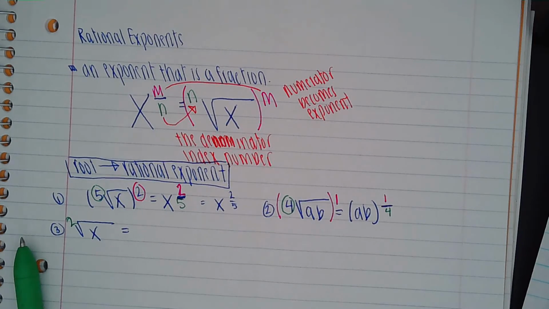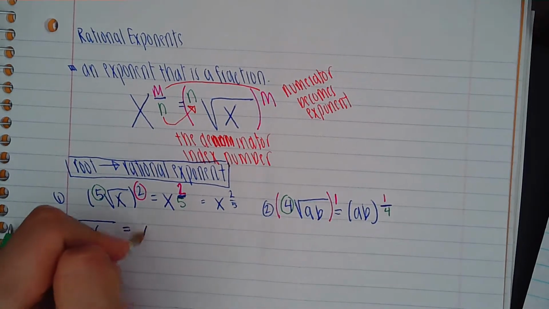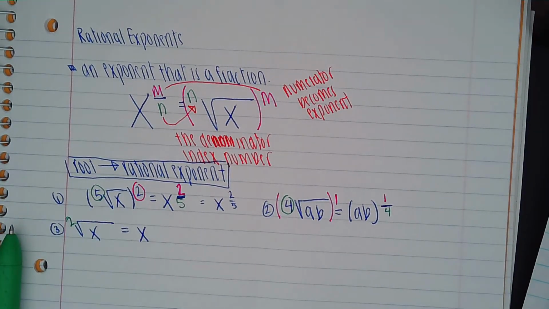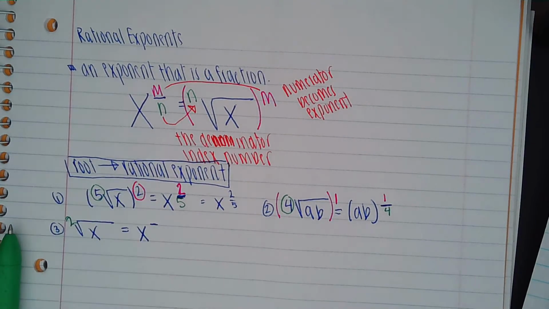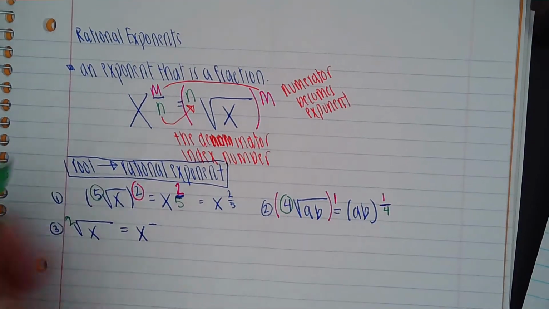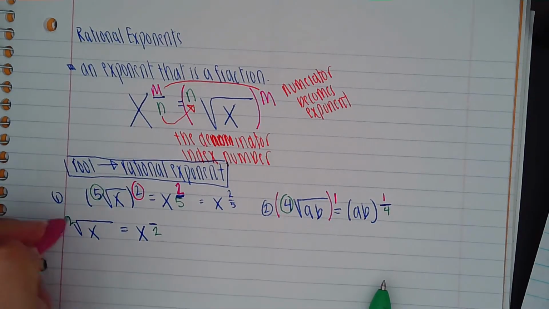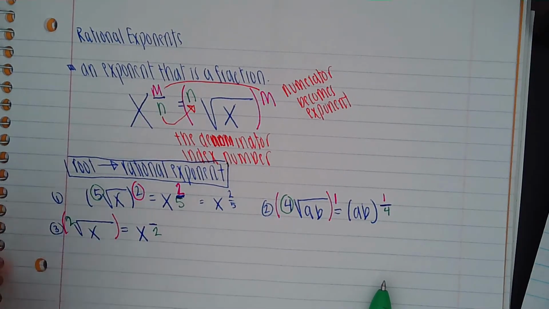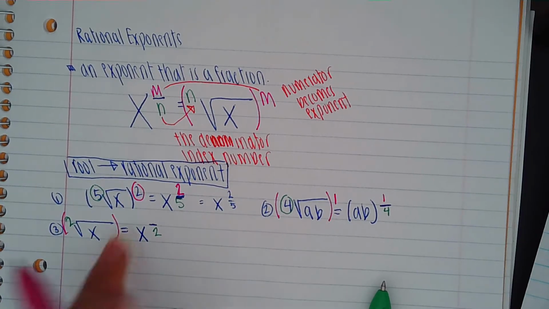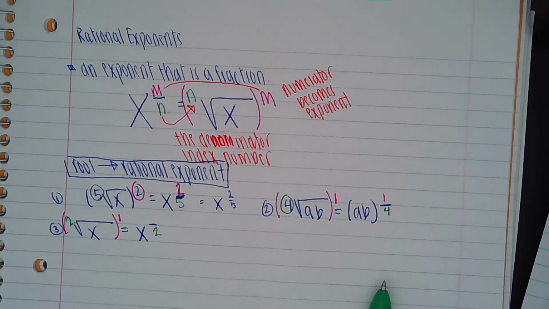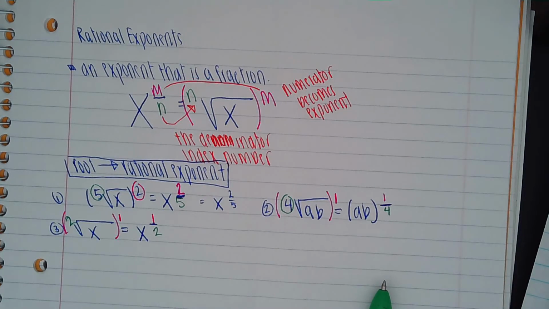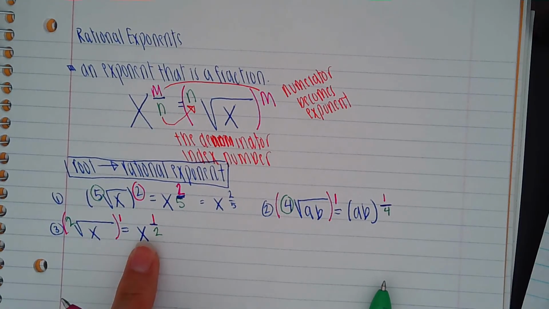So we are going to put 2 on the bottom, right? And remember that our index number always becomes our denominator. So right here, 2. And then also remember, if there was no exponent, it's simply raised to the 1. So the square root of x is actually x to the 1/2.